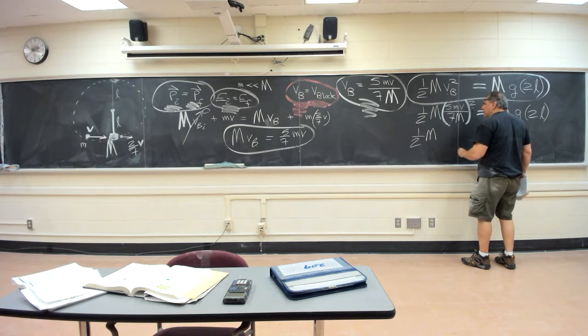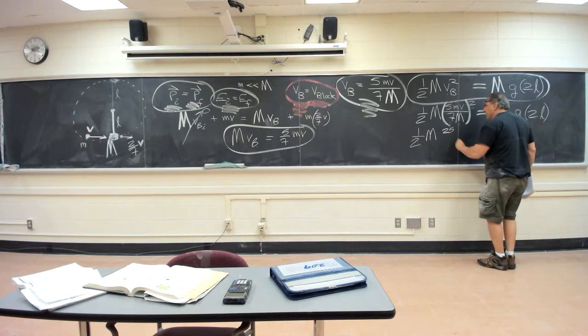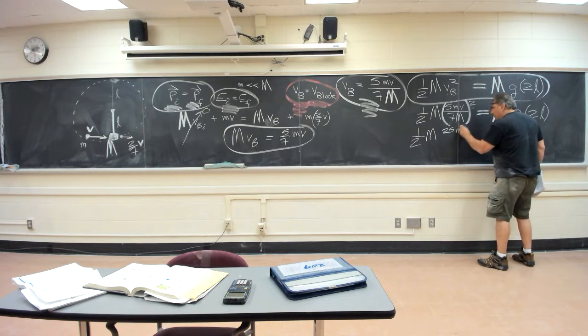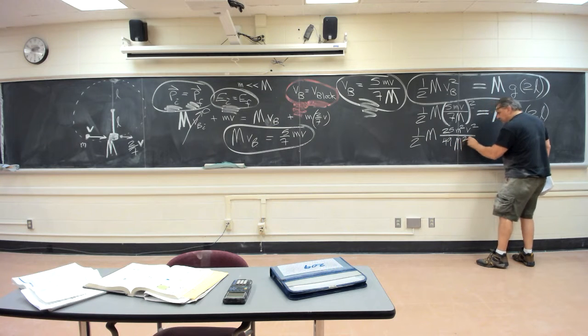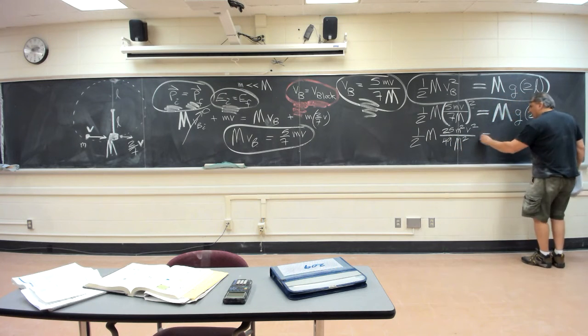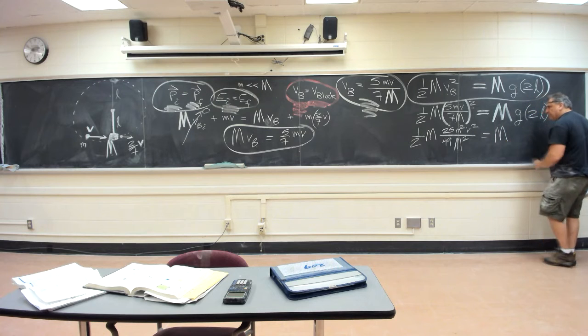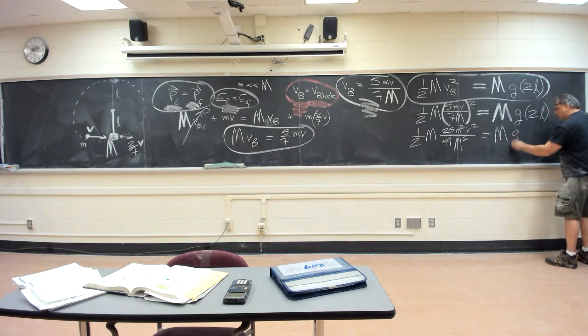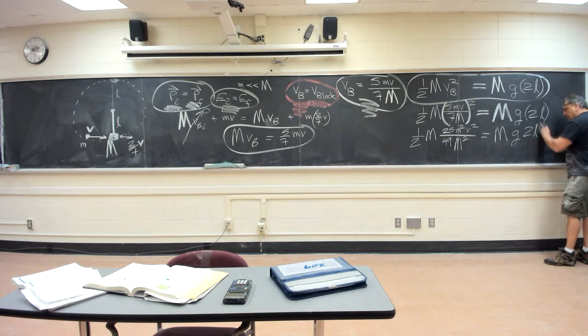If you square all this, it's going to be nuts, but let's go. You're getting 25 small m squared v squared over 49 capital M squared equals capital M G 2L.